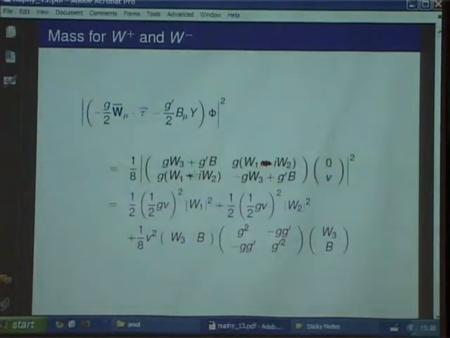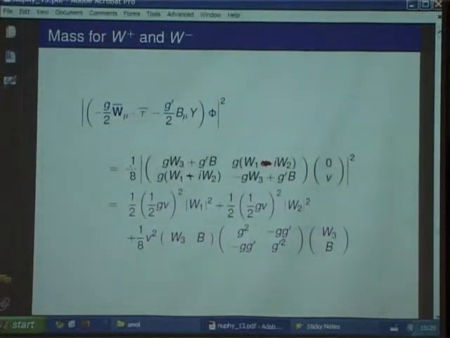This should be a plus sign. So W2 comes here and here. W3 is here and here, minus W3, multiplied by g. So that is a multiplication by g. And then there is g by 2, so that's 1/4. And phi is 0, v by root 2.